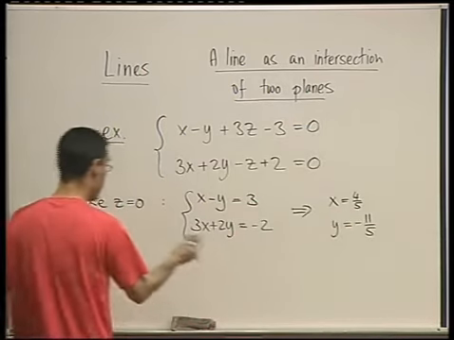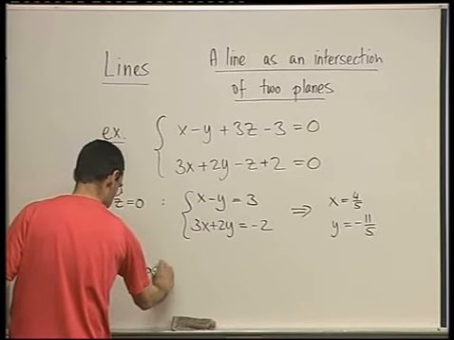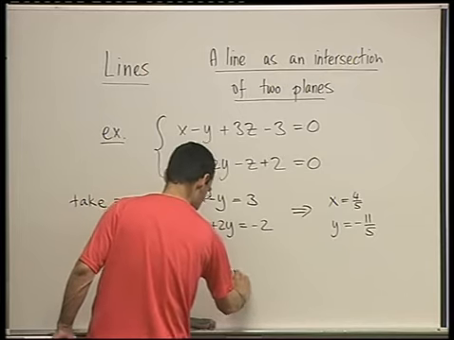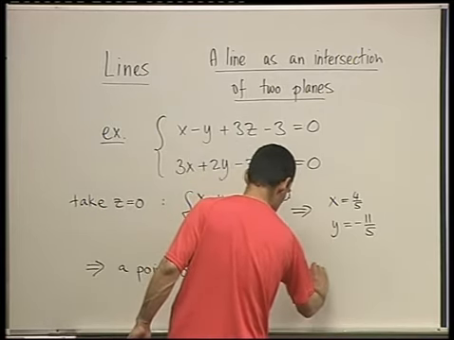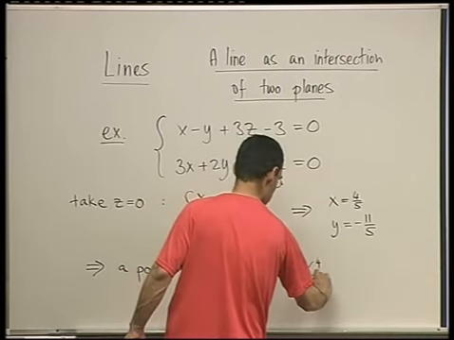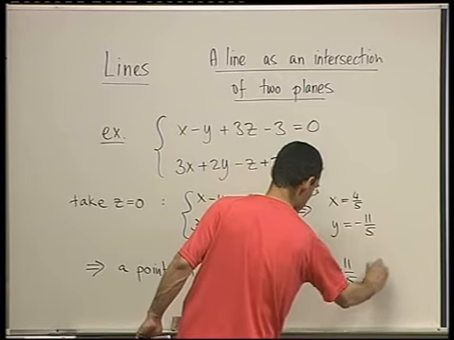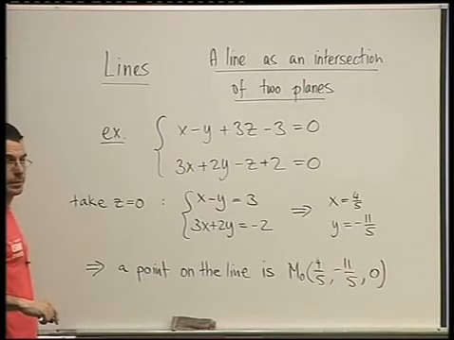Okay? So a point on the line is this solution, M0, which is 4 over 5, negative 11 over 5, and 0 for z. That's what I took. Clear?